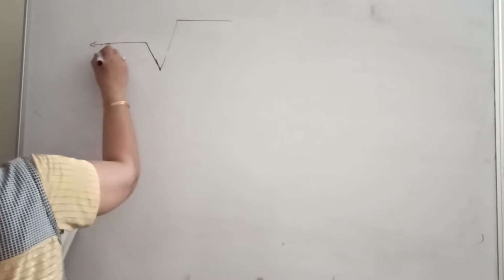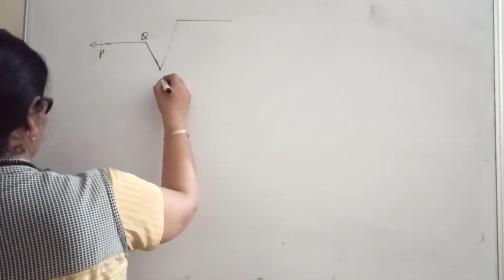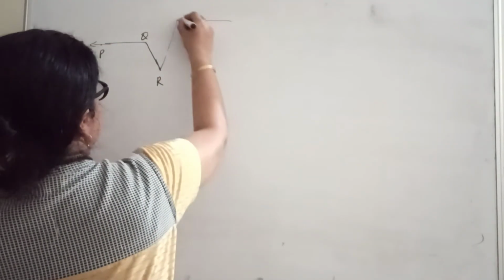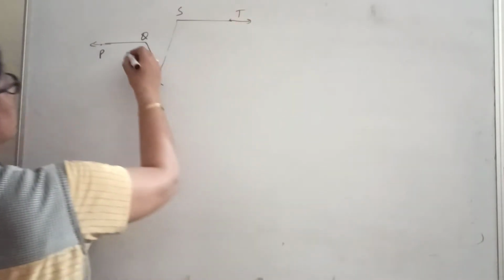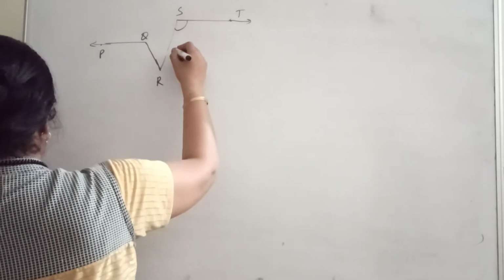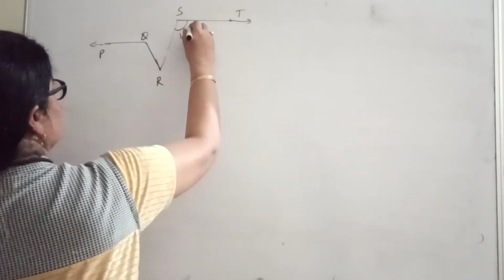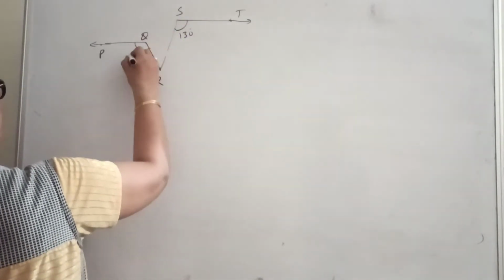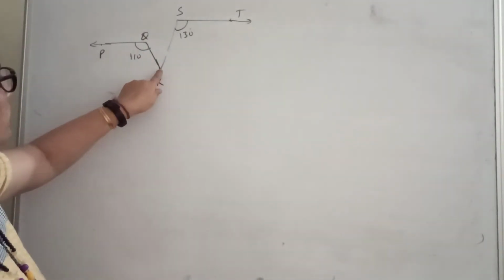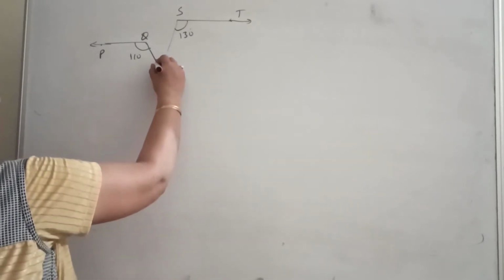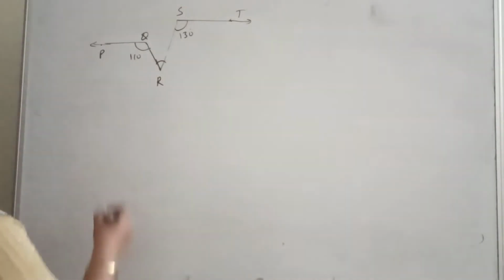This is P here, this is Q, this is R here, this is S, this is T. And he is saying the measure of this angle is 130 degree and measure of this angle is 110 degree. And he is saying find the measure of QRS.